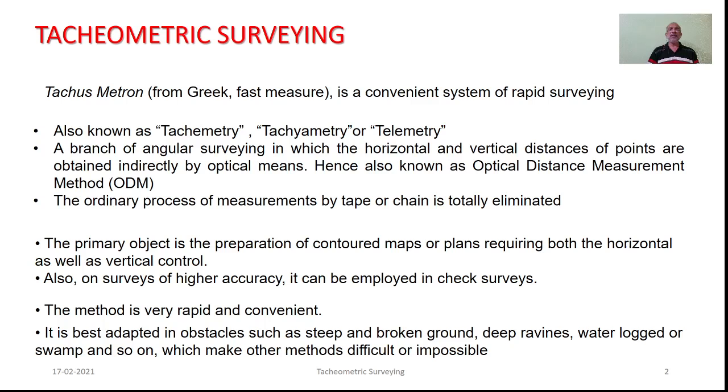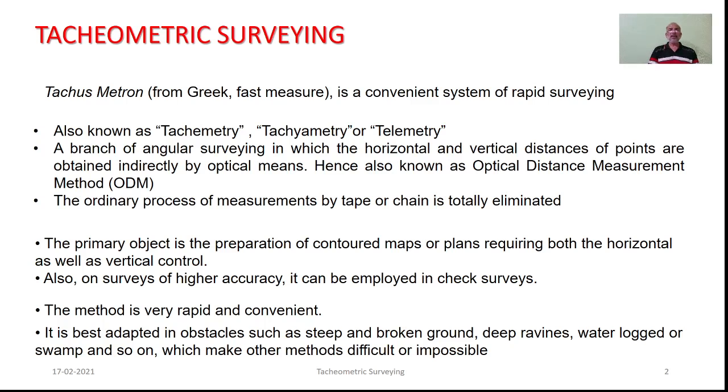The primary object of this particular method is preparation of contoured maps or plans requiring both horizontal as well as vertical control. Also, whenever we are dealing with surveys of higher accuracy, it can be employed as part of check surveys.